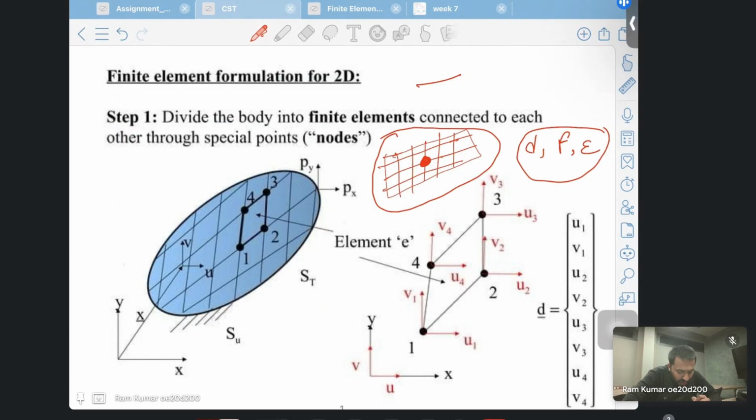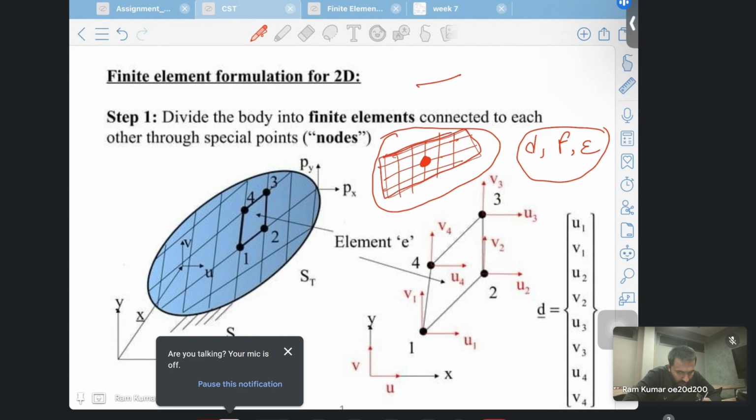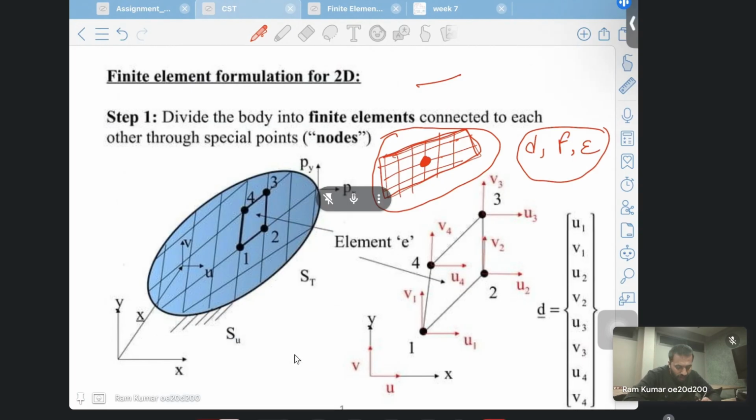So what are we going to do first? We will divide this full member into a number of small elements, and this is called meshing. So first we have to do meshing.